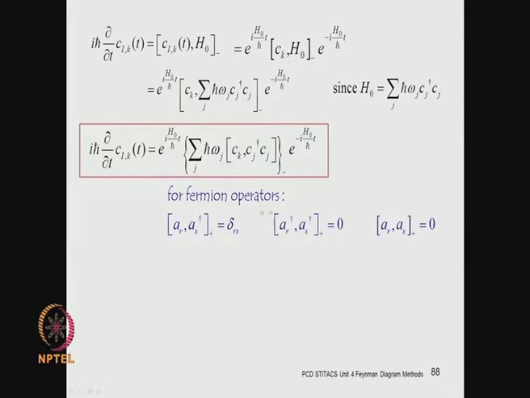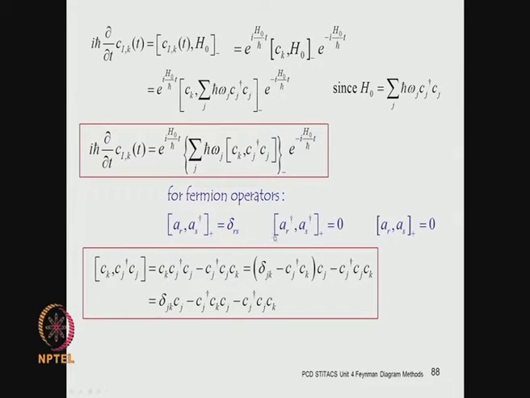Using these anti-commutation rules, you can work out this particular commutator of C_k with C_j dagger C_j, and you find that it gives you a very simple term, because these two terms cancel and you get only one operator C_j, and that too with a nice Kronecker delta.